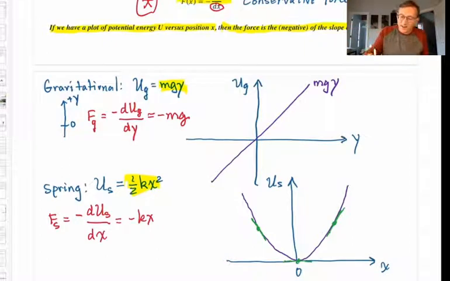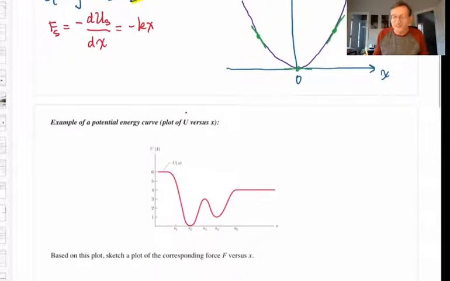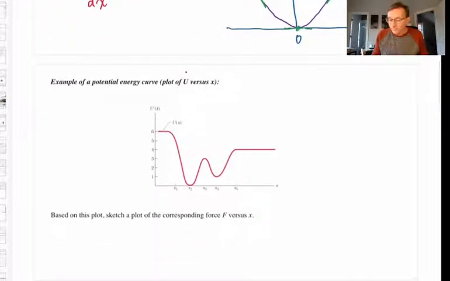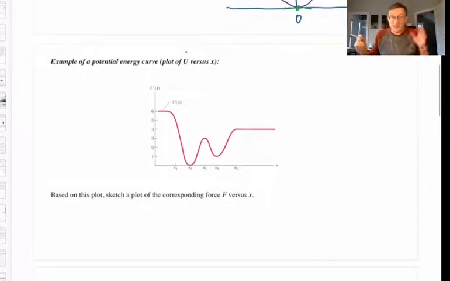Let's practice with something like that. All right, here's an example of a potential energy curve, and we deliberately made it pretty complicated, not corresponding to any of the forces we've studied so far. This potential energy curve is plotted for us. U in joules, look at the numbers going up the vertical axis, versus x coordinate, where a few key places along x are marked, x1, x2, x3, x4, and x5.